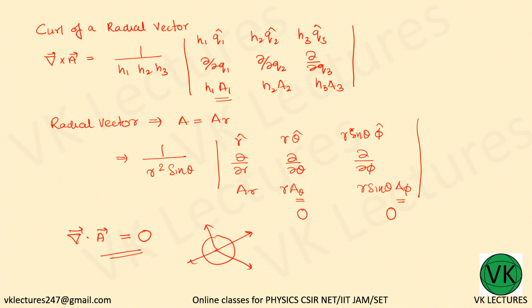That is why del cross E is equal to 0, because E is a radial vector going perpendicular.